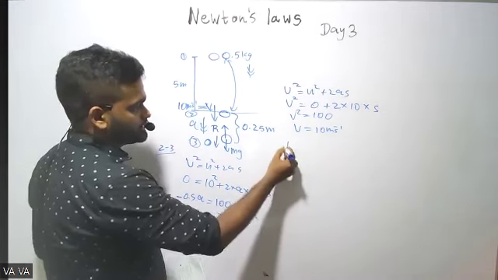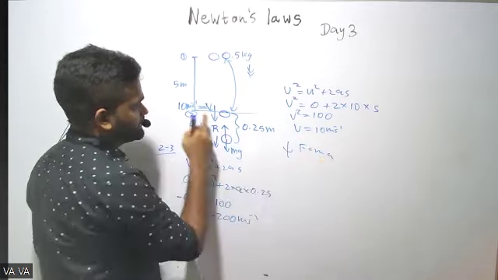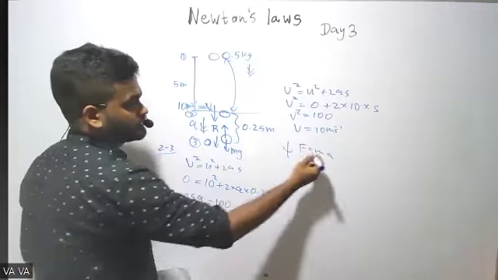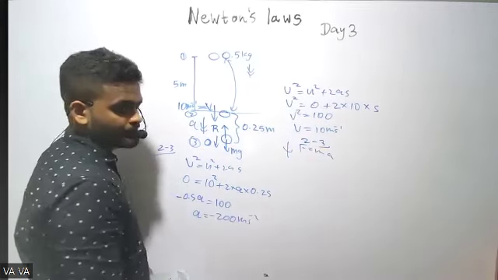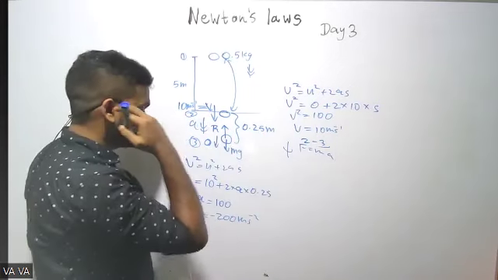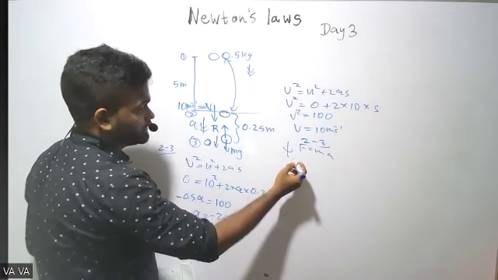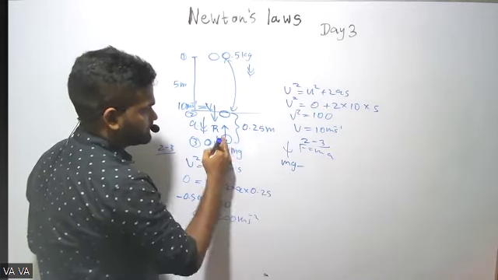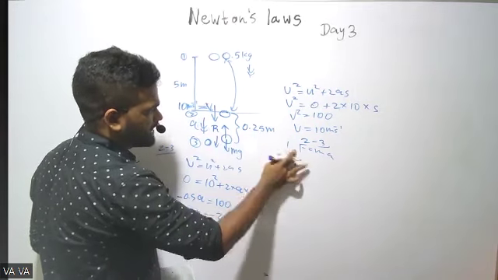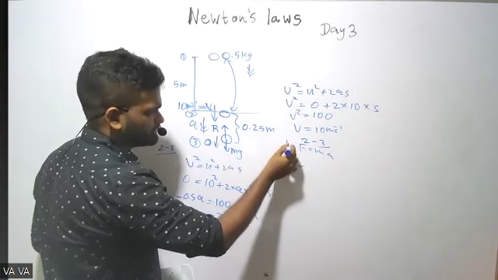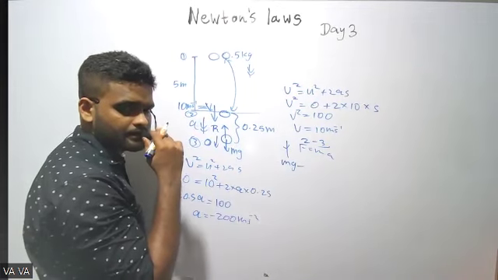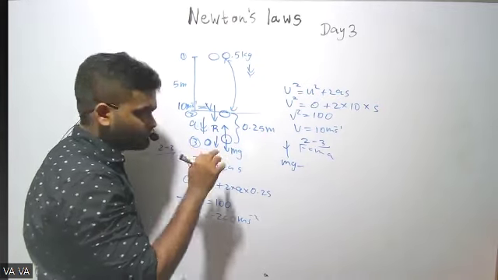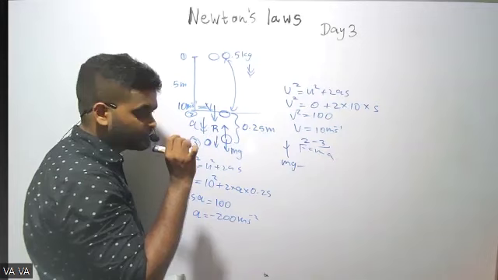Then what you have to do is just apply F equals ma. That is for the motion inside the ground, 2 to 3. Okay, so what are the forces? Mg downwards, resistive force upwards. To any direction you can apply that, right? For a question like this, you have to think carefully of the directions.